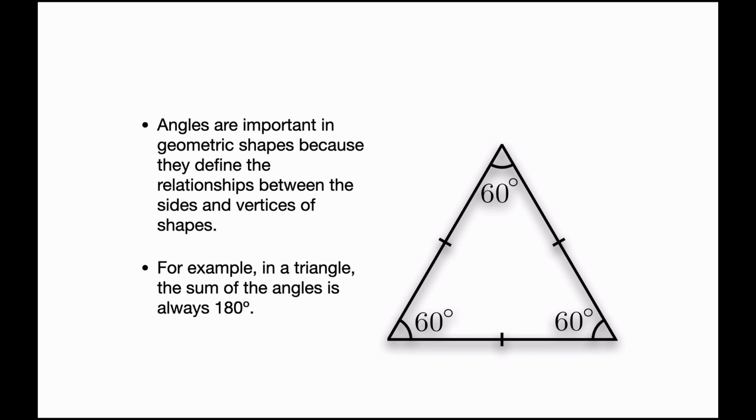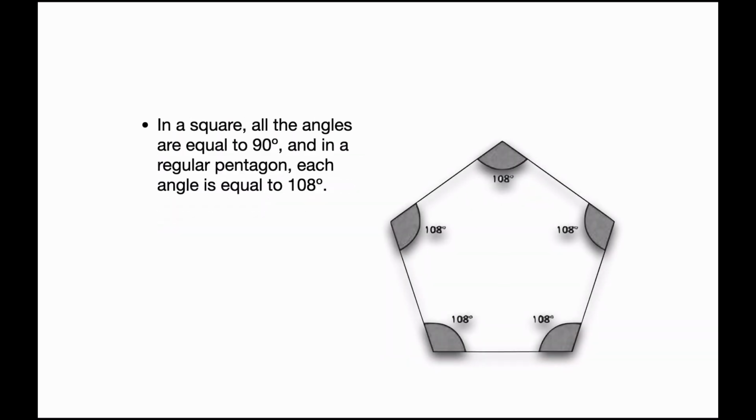Angles are important in geometric shapes because they define the relationships between the sides and vertices of shapes. For example, in a triangle, the sum of the angles is always 180 degrees. In a square, all the angles are equal to 90 degrees, and in a regular pentagon, each angle is equal to 108 degrees.